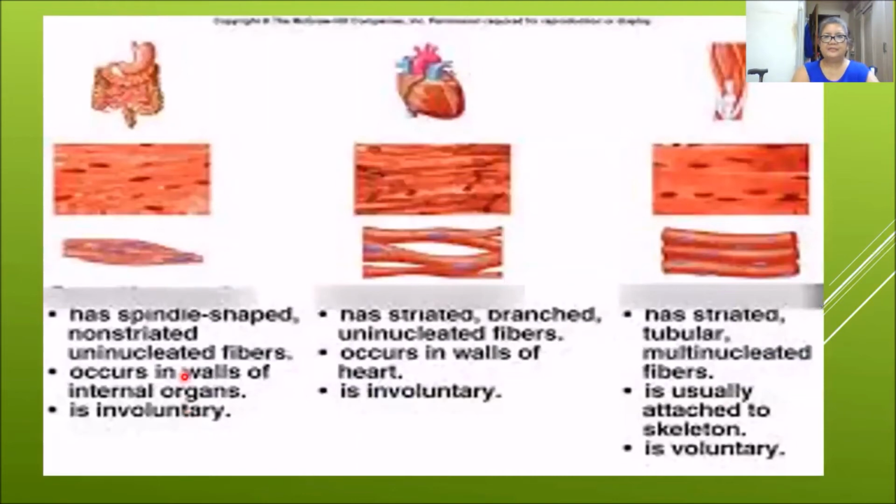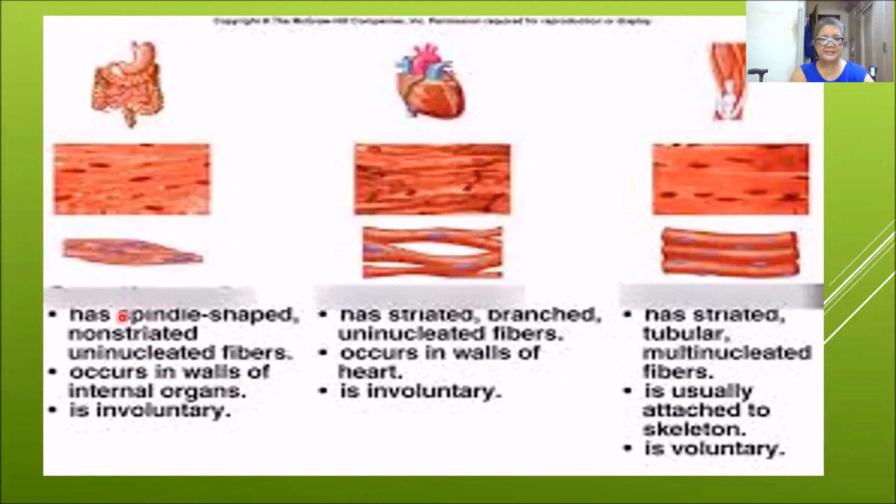So here you have a comparative illustration of the different types of muscle. You have here the smooth muscle, then the cardiac muscle, and then the skeletal muscle. And they have a specific characteristic for each.